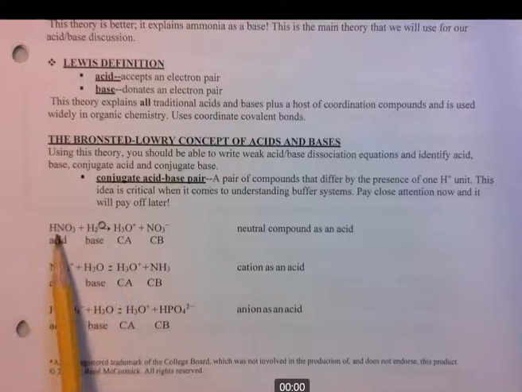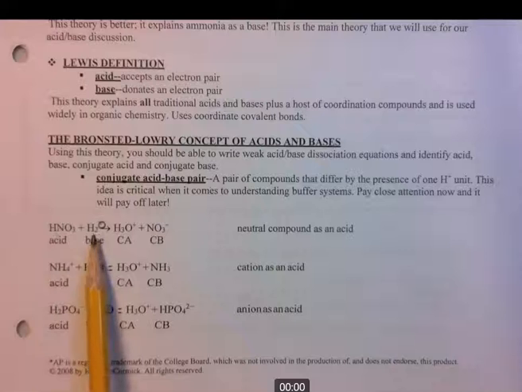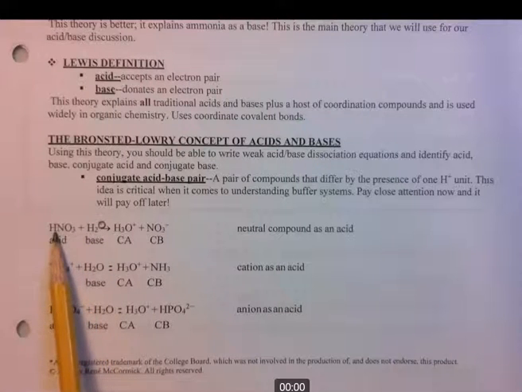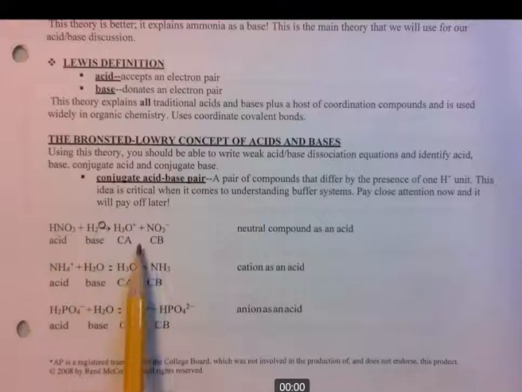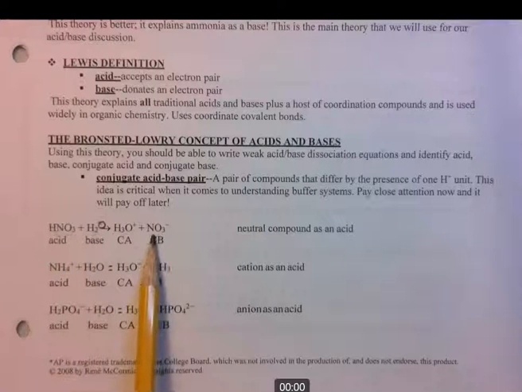So if you take nitric acid, it's an acid. It gives up that proton. Why? Because the water molecule pulls on it more than the nitrate does. So it will leave the nitrate here and jump over to the water molecule here. That leaves the nitrate as an ion because it lost that positively charged proton.